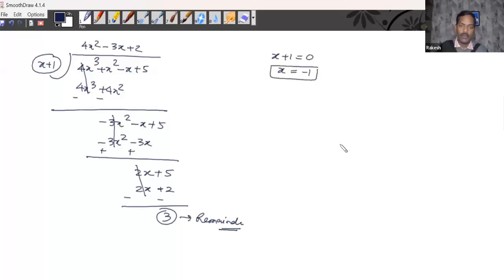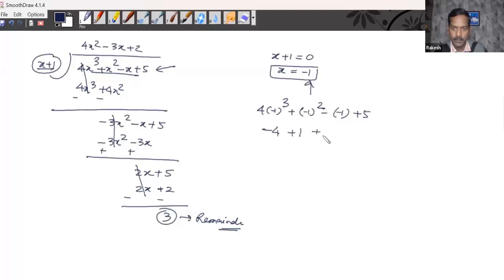And if I want to know what the remainder should be when this divides this, simply we replace the value of x with -1 in this polynomial. So let us substitute. It will be 4 into (-1) whole cube plus (-1) whole square minus (-1) plus 5. So this becomes minus 4, this becomes plus 1, this becomes plus 1, this becomes plus 5.